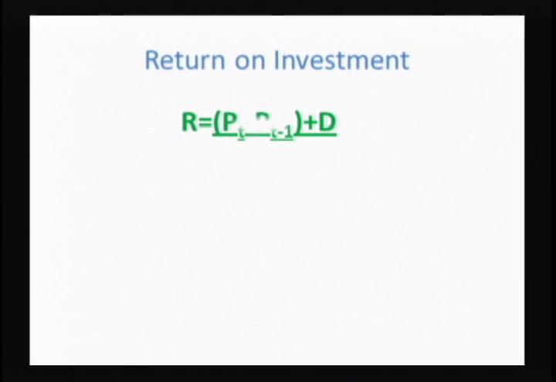When we're looking at return on investment, we look at how much we are earning on our investment. In this formula, the return, the amount we earn, or the percentage that we earn, equals P sub T, which is the current price, minus P sub T minus 1, the price a year ago, plus the dividend, divided by the price a year ago.